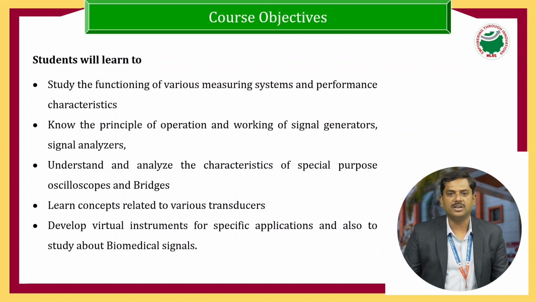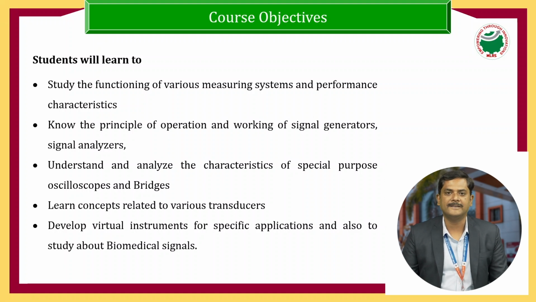The students will learn and understand oscilloscopes and various types of bridges, the concepts related to various transducers and the measuring of physical parameters, and develop various virtual instrumentations for specific applications, and also study the biomedical signal. These are the course objectives of the course Electronic Measurements and Instrumentation.